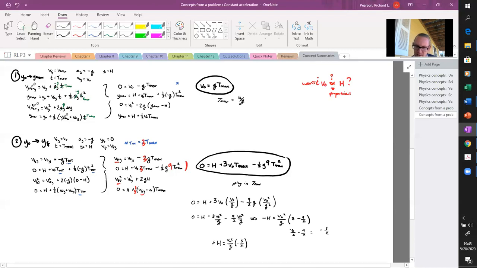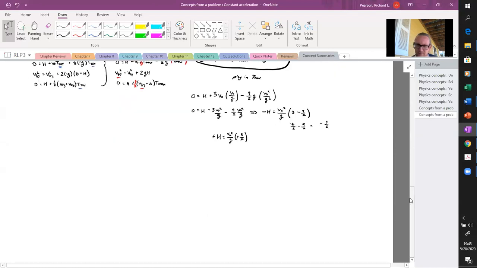The negatives cancel out. We bring over, scoot this down so you can see what's going on. There we go. We bring the 2 and the g and the 3 to the other side, so we get 2gh over 3 is equal to v naught squared, so that our final answer is v naught is equal to the square root of 2gh over 3.